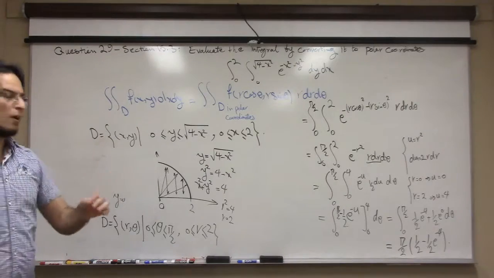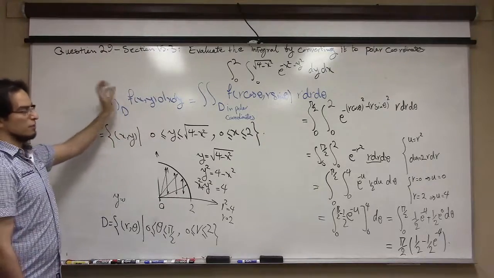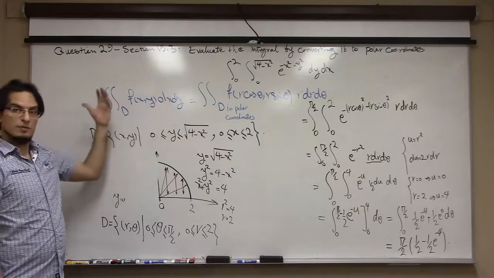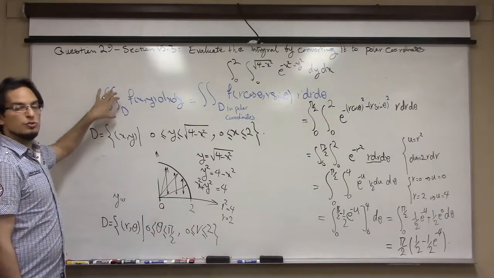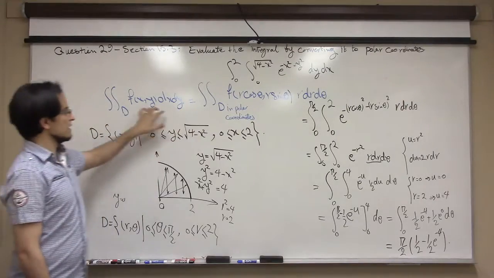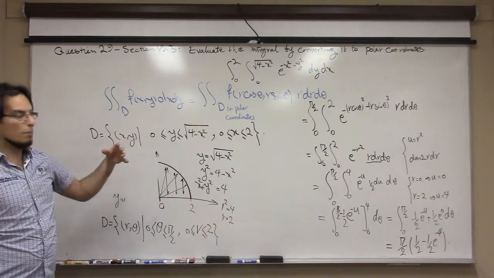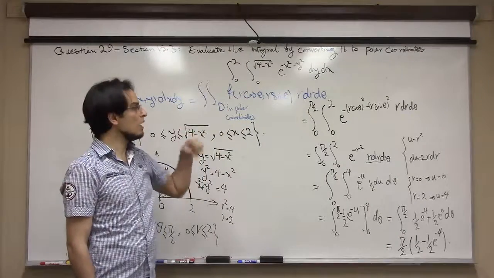So just a quick wrap up here. What I did was I just tried to apply these three steps when we go from Cartesian to polar coordinates. First thing is rewrite your region, your boundaries, in polar coordinates. Second thing is change your integrand by writing r cosine theta and r sine theta for x and y.